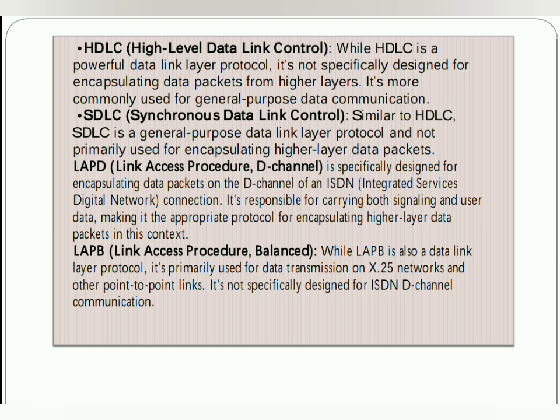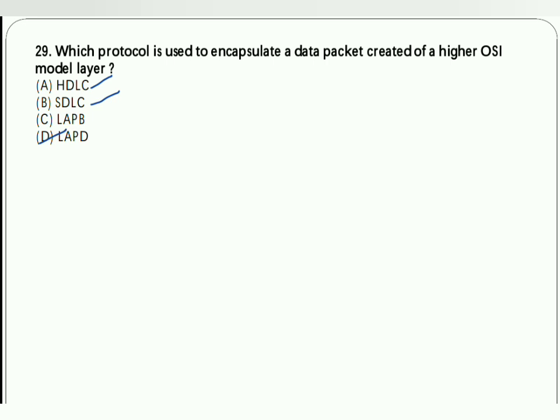It is also a data link layer protocol, basically used in the communication of X.25 networks and point-to-point networks. So we use the Link Access Protocol to encapsulate higher layer data packets in this context. So the answer is option D. Option D is the correct answer.